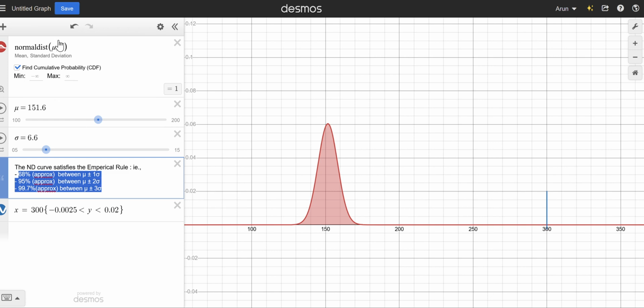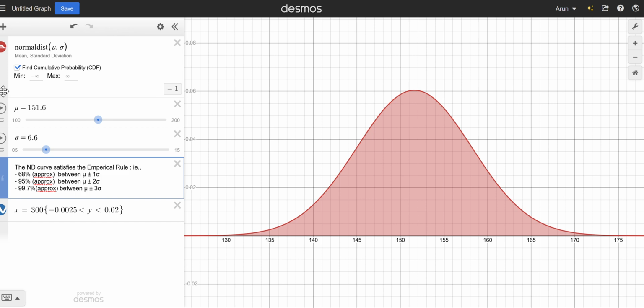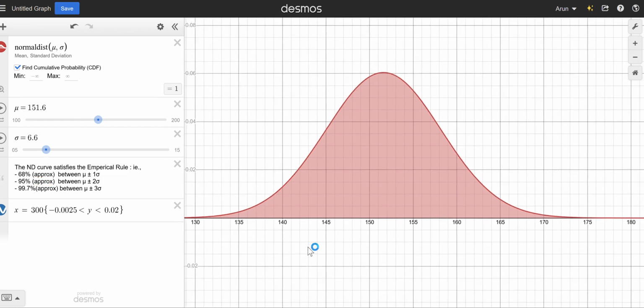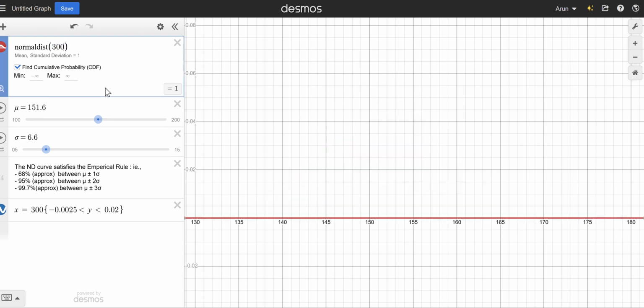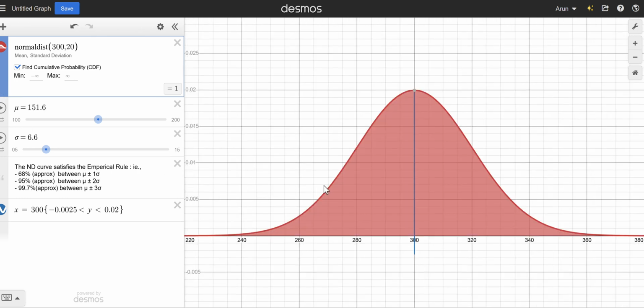So let's go back to any size that we want. Or maybe, for ease of calculation, I would prefer to go back to mu of 300. I'll keep the standard deviation as 20, and let's locate ourselves there.